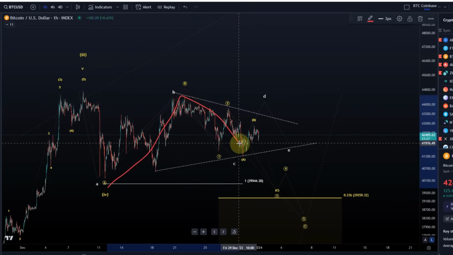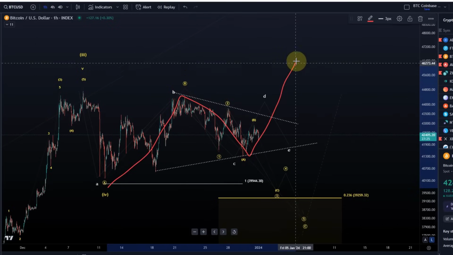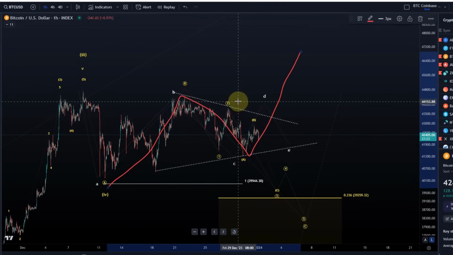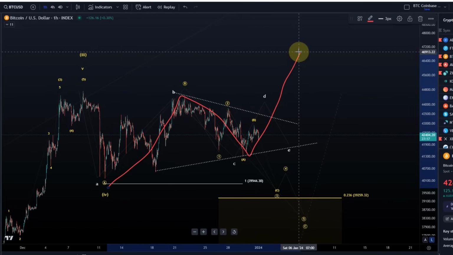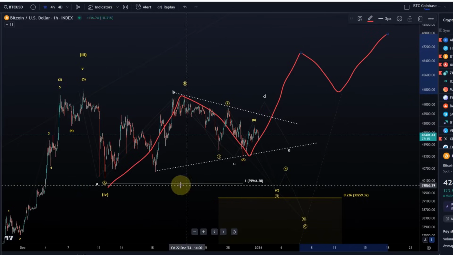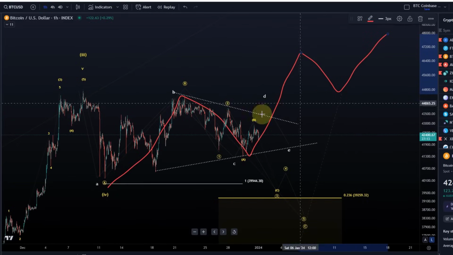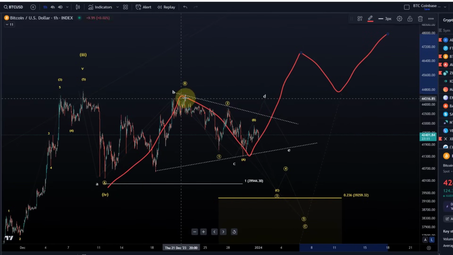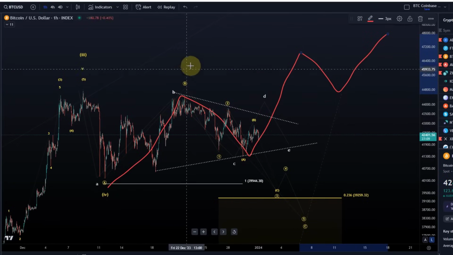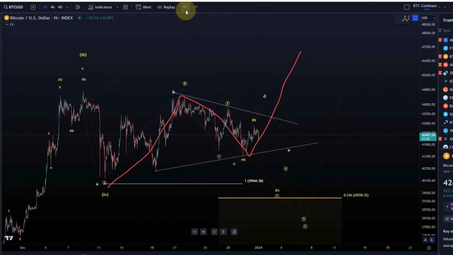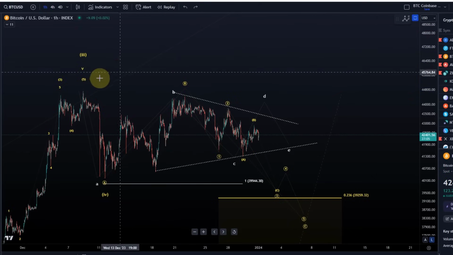This here would be a wave 2, and we would now rally in a third wave. I would really only believe that if we get a break above that $44,420 level, then this would be a wave 3, 4, 5. Then, if we get a break above that B wave high, we can explore that further.